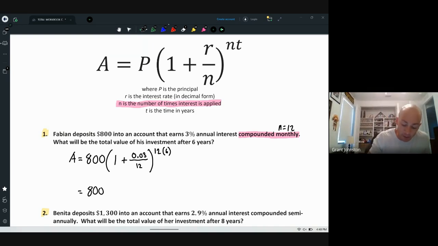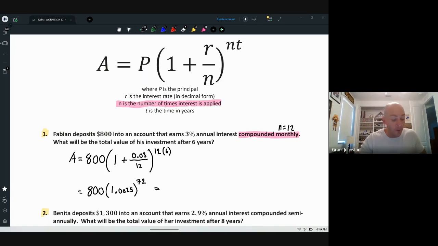So 800, 1, I'm going to do that all at once. 0.03 divided by 12 plus 1 equals 1.0025. And 12 times 6 is 72. Okay.